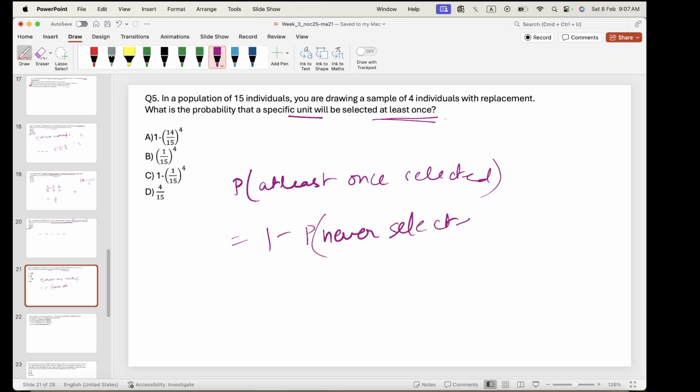Do you agree with this point? Okay. So, the probability it is never selected means I have 4 spots, and all the time it's sampled with replacement. So there will be 15 contenders for this space, but I can only choose 14.